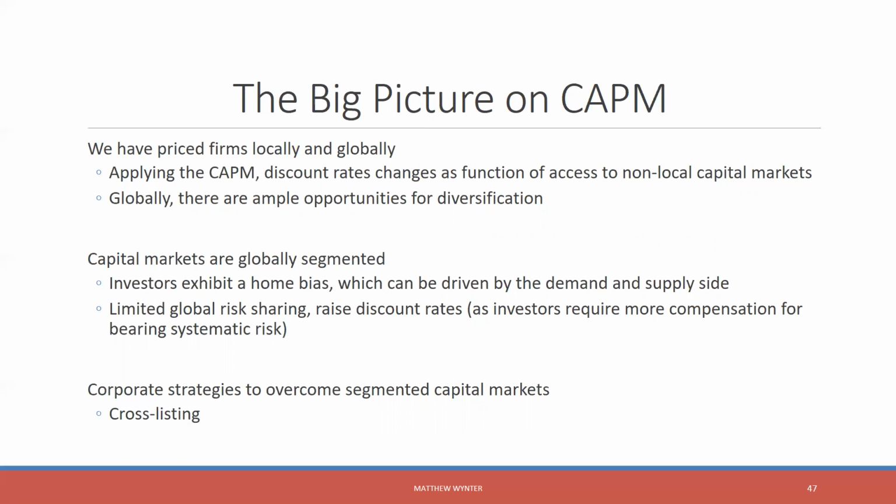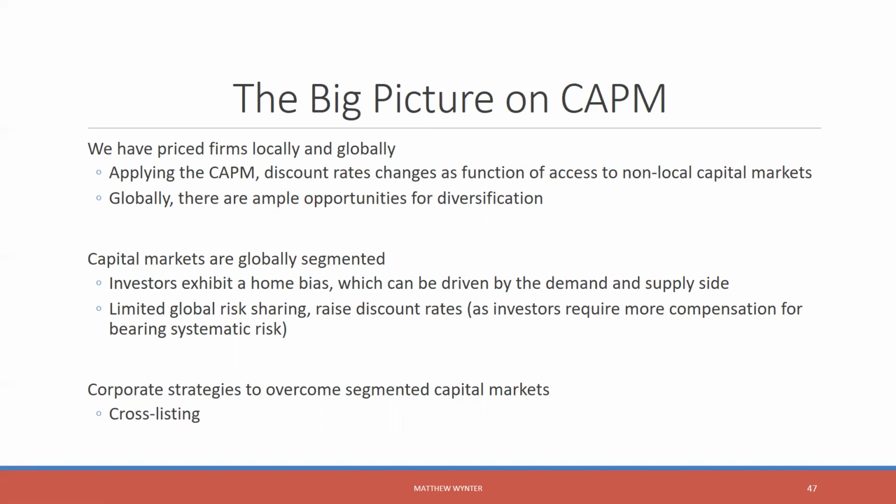So they're segmented. Investors exhibit a home bias, meaning they overweight domestic stocks and bonds relative to what our diversification theory would predict. And this can be driven by the demand side, by investors' preferences and unwillingness to hold foreign assets.